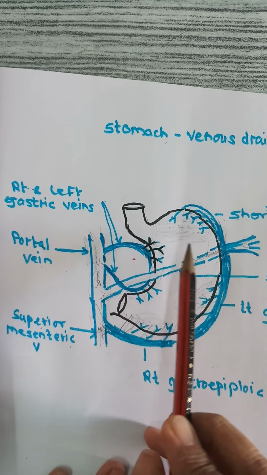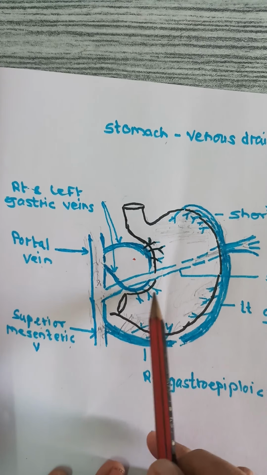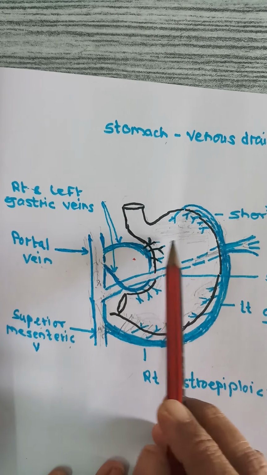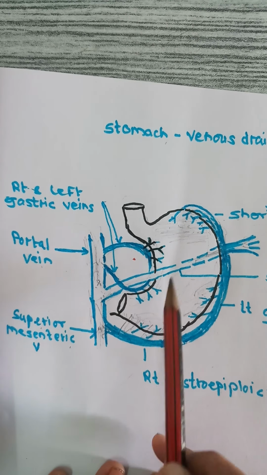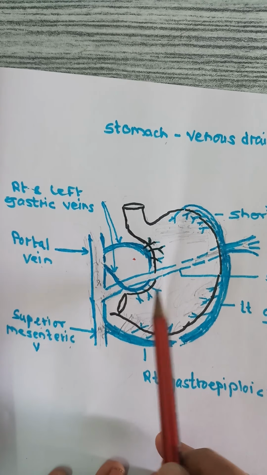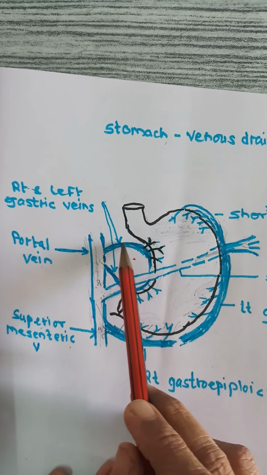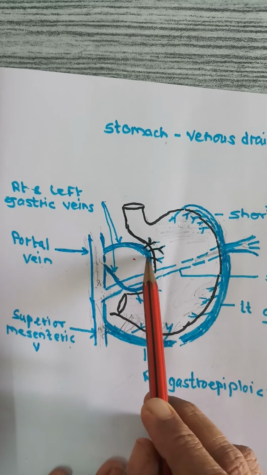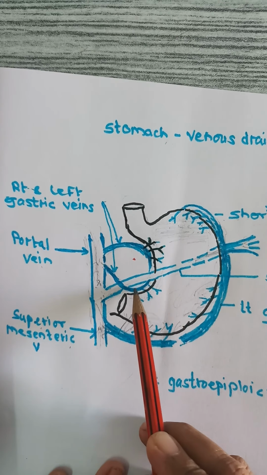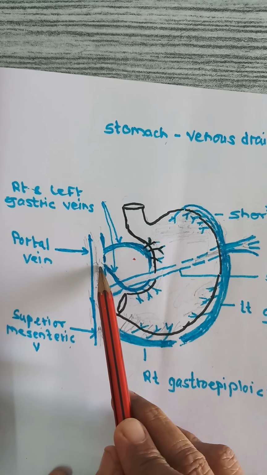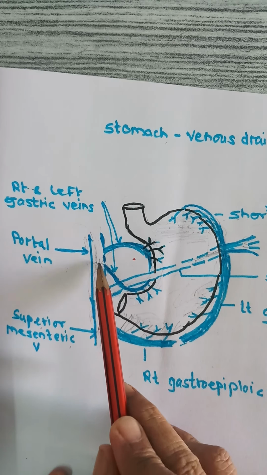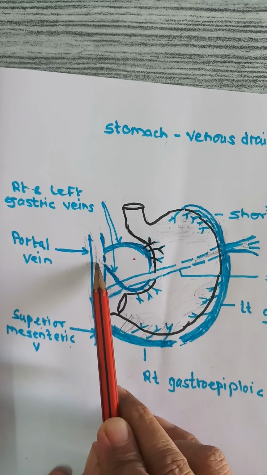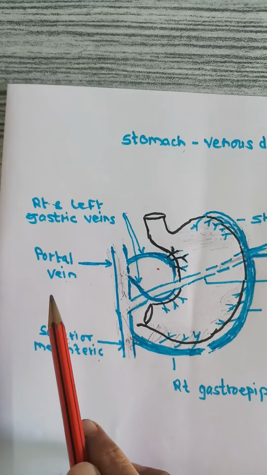These veins collect the deoxygenated blood from the lesser curvature and surrounding area, and this deoxygenated blood from the left gastric vein and right gastric vein directly drains into the portal vein. This is the portal vein.